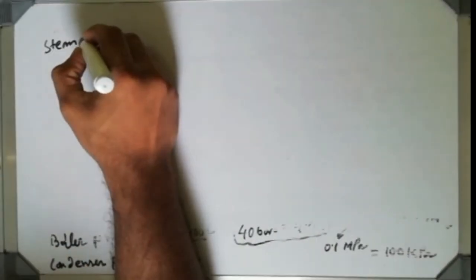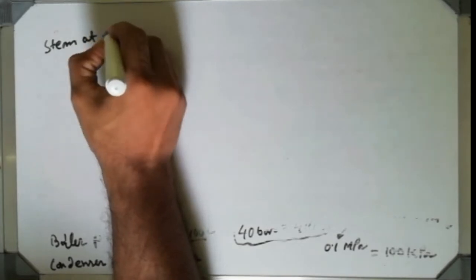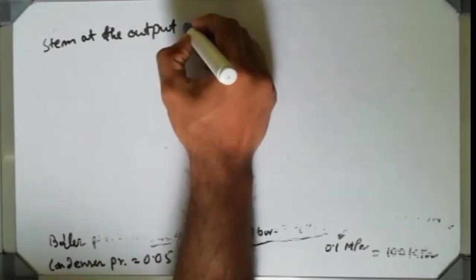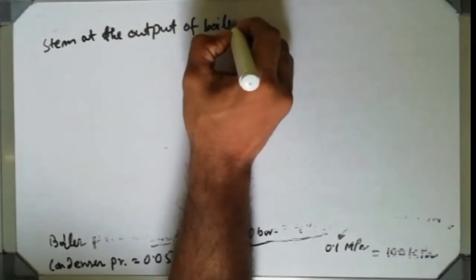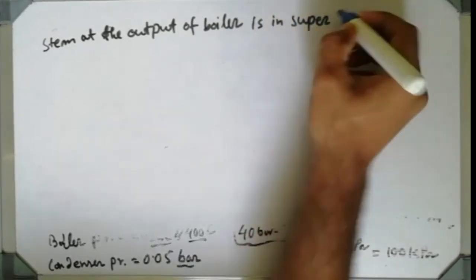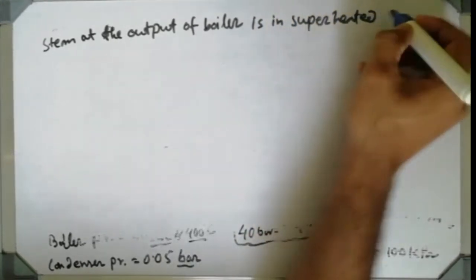First of all we should state that the steam at the output of the boiler is in superheated state. That should be explained properly.